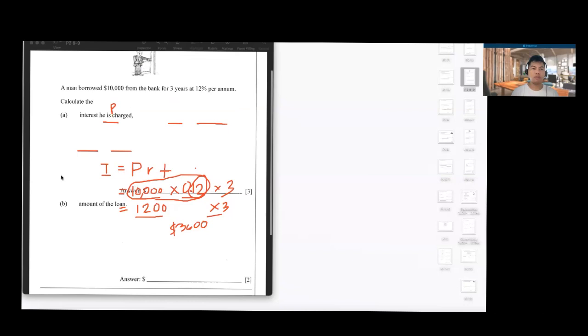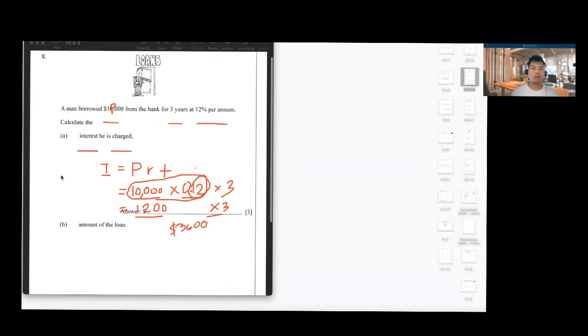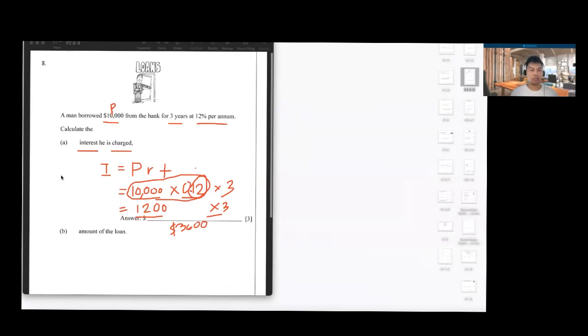Amount of the loan. Yeah, this is confusing because the answer here is already given. Amount of the loan is 10,000, right? Let me check that's number 8.